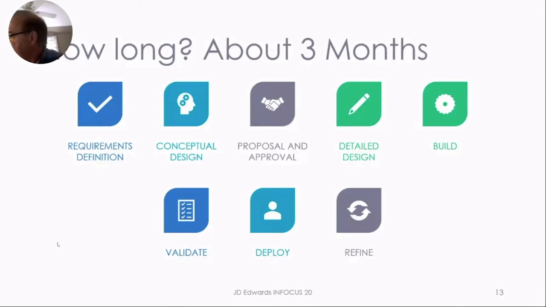We started in the development environment, brought it through the test environment, UAT, and then finally promoted it to production. And once we got it into UAT, if there were any refinements, we refined it, and then it was finally deployed successfully within approximately 3 months.